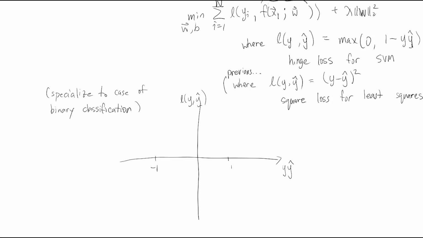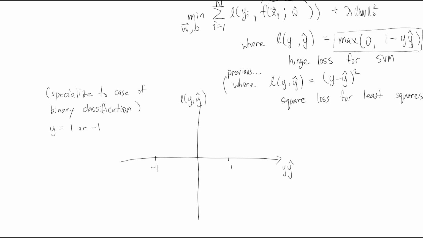And that means that y can only be 1 or minus 1. So let's take a look at the hinge loss. The hinge loss is actually max of 0 and 1 minus y hat.